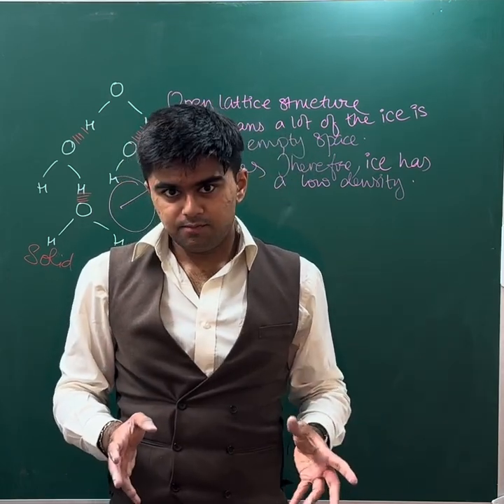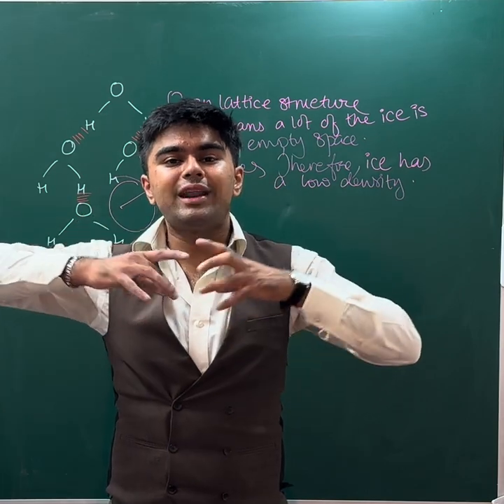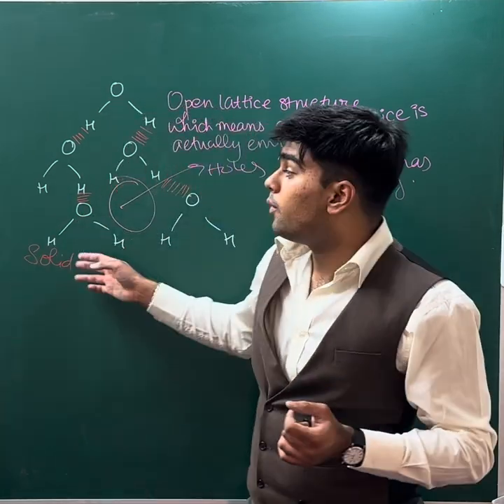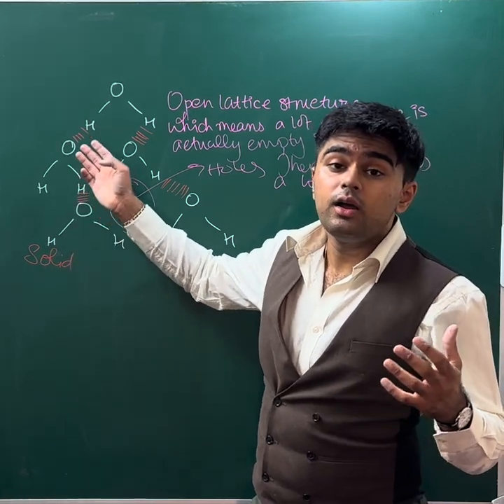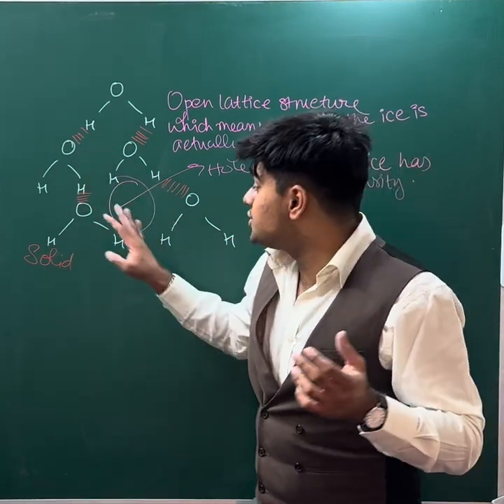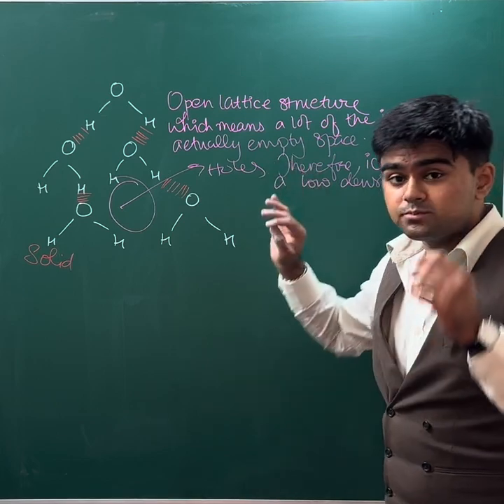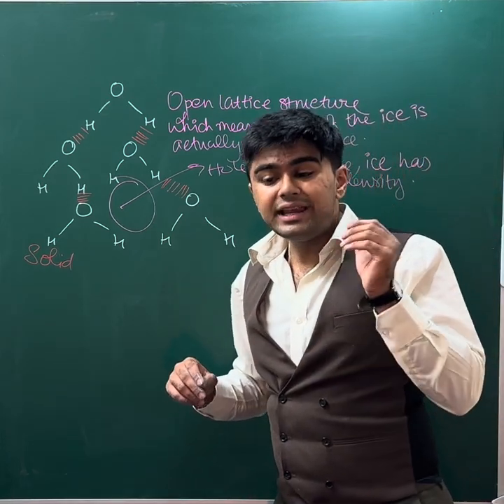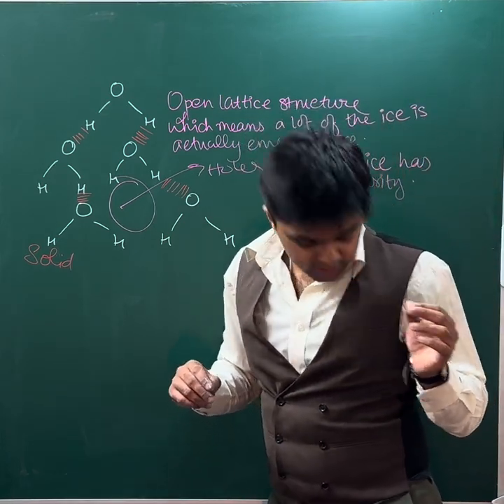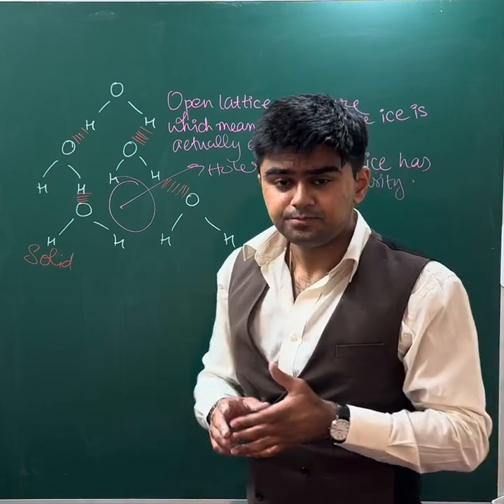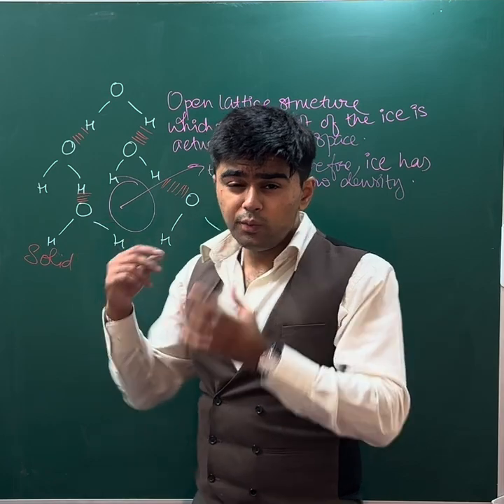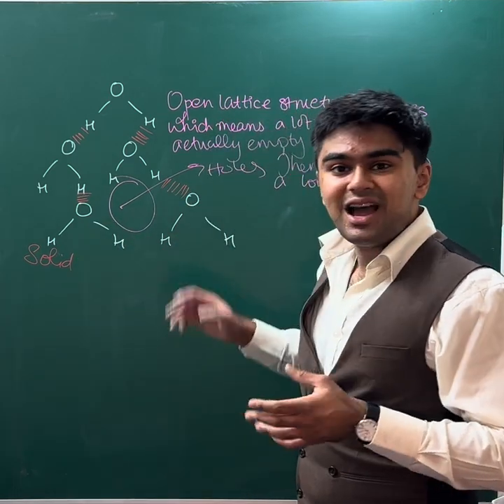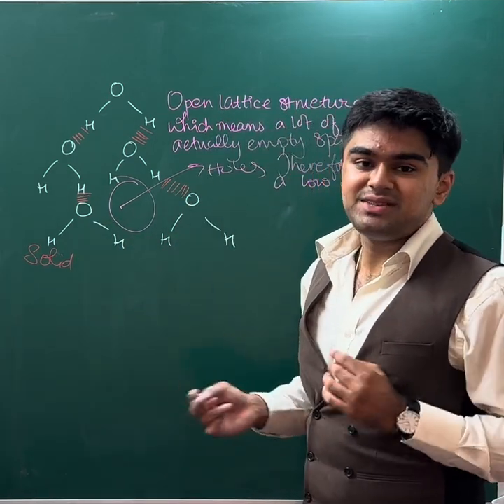Which means that your molecules aren't as far apart as they are when they're in a geometrical structure, such as when they are ice. There's no open lattice. Therefore, a lot of that liquid is not in fact empty space, whereas in ice form a lot of it is simply empty space.